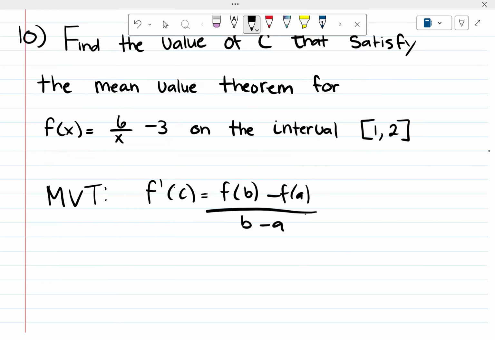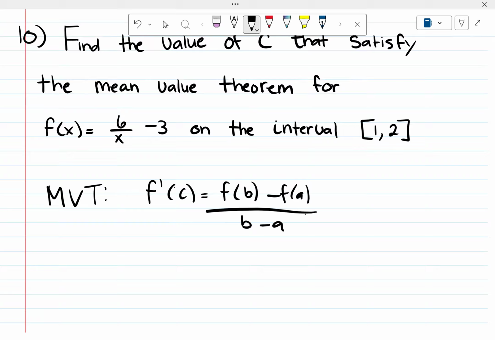It's not, but they specifically said 1 to 2, so we have to make sure this graph is continuous on the boundaries 1 to 2. So yes, we are good. If you put this in Desmos, it would look like some kind of rational function, right? But it is continuous because there's no picking up of your pencil. So we definitely can use the mean value theorem.